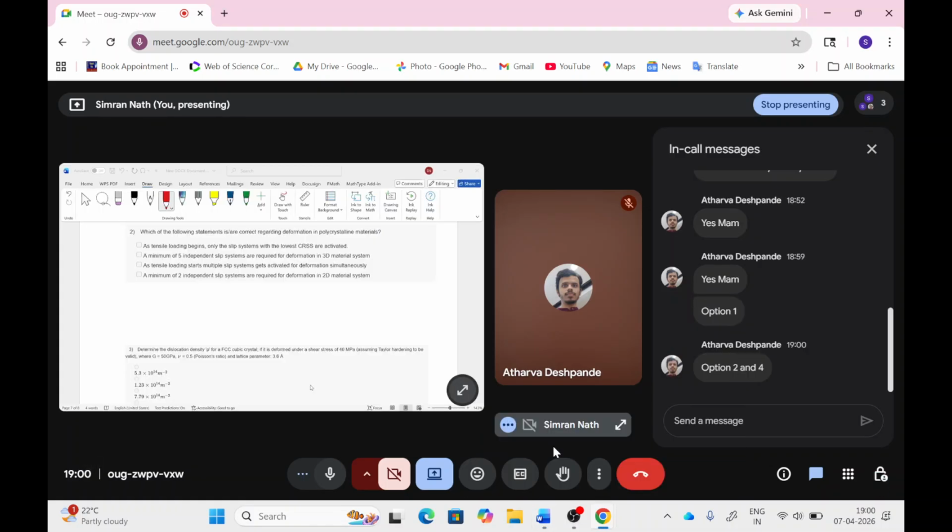Option two and four. Yes. And the third option is also correct, meaning as tensile loading starts, multiple slip systems get activated for deformation because five and two are multiple. So the third option is also correct.